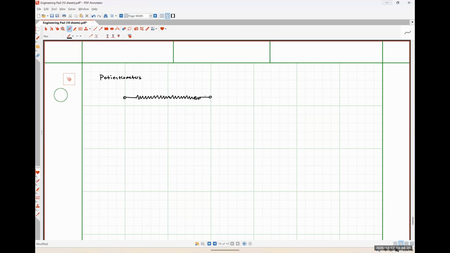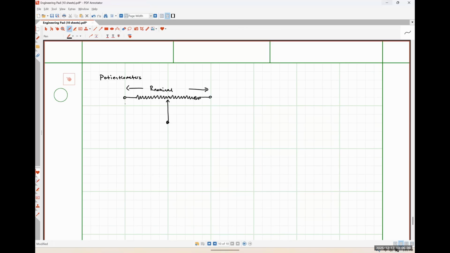But then we also have that wiper terminal, okay? So I'm going to draw it like this in the middle, okay? So the resistance between here and here is going to be, let's say, R nominal, okay? And then if we measure the resistance between the leftmost terminal and that middle terminal, that resistance is going to depend on where the wiper is.